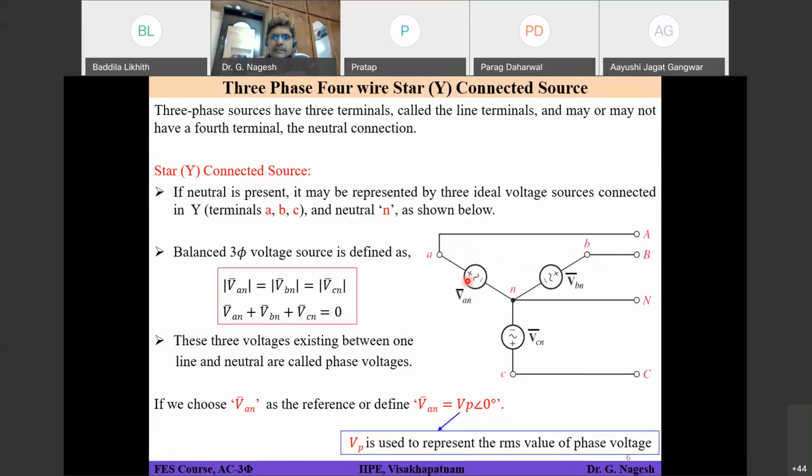Let's say if the RMS value of phase voltage is 100 volts, VAB voltmeter placed across A and B will show a value of 100 into root 3, which is 173 volts. Voltmeter will not show any phase angle. It will only show the RMS value of voltage between any two terminals.